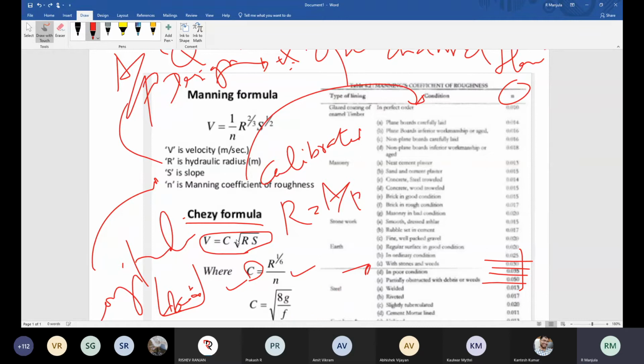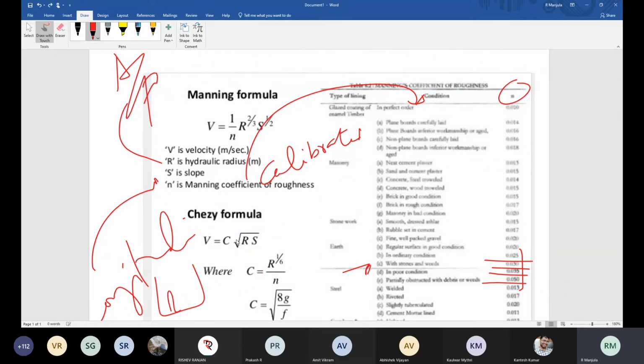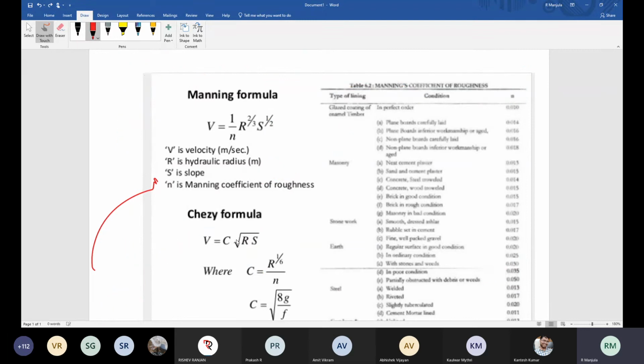Once you know the velocity, how will you find out the discharge? Anybody can say? I will be able to find out my velocity. Now, shall I be able to find out my discharge if I know the velocity of the flow? Area into velocity. Yes, how?